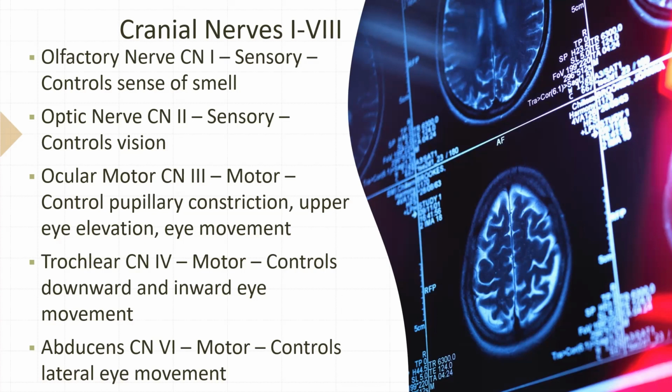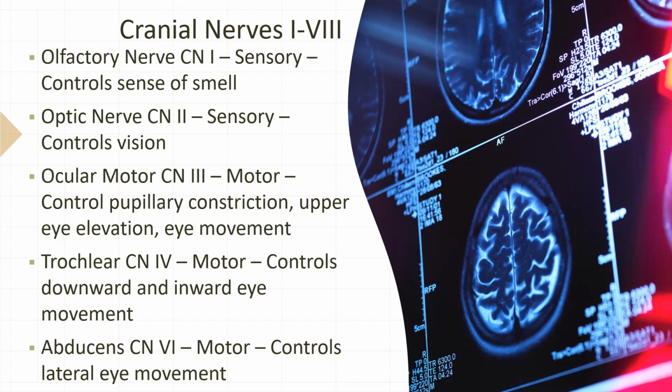So when we're looking at cranial nerves 3, 4, and 6, the oculomotor nerve controls pupillary constriction, upper eyelid elevation, and eye movement.